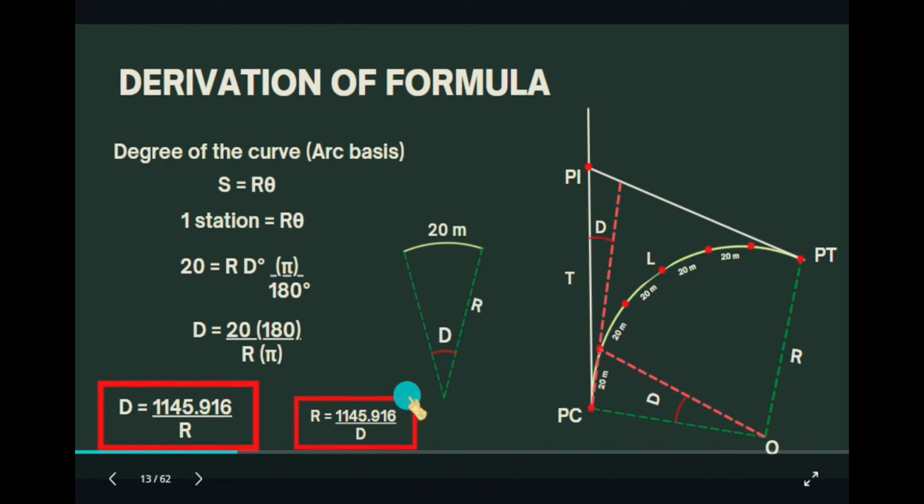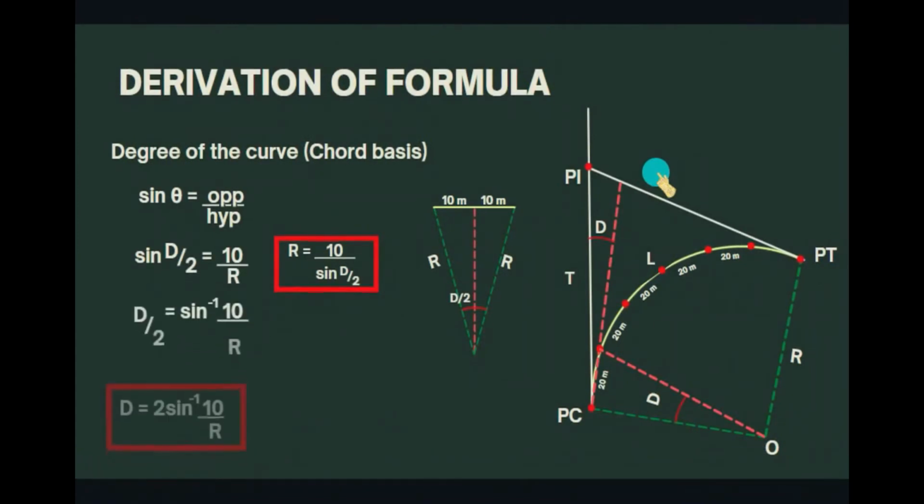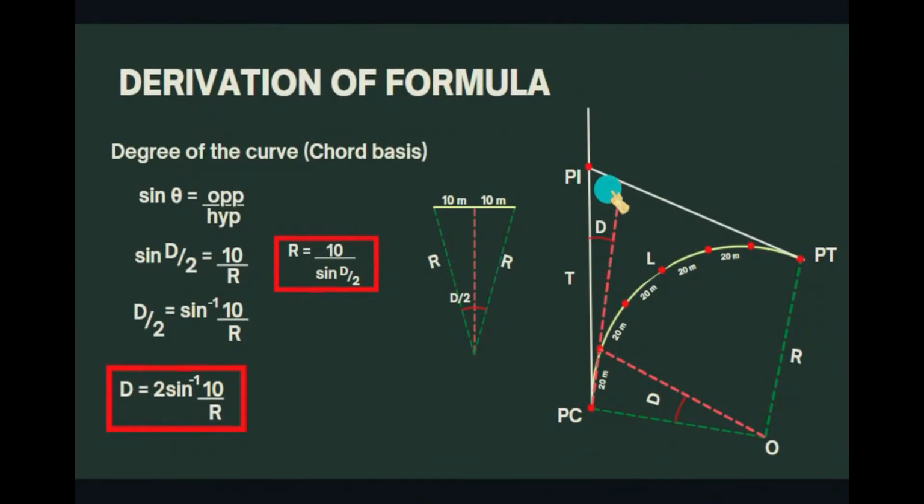So R is also equal to 1145.916 over D. In the chord basis, instead of an arc, we use a chord of 20 meters. We can divide this triangle into two right triangles, so 20 divided by 2 would be 10 on each side.